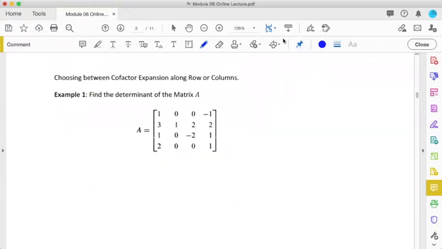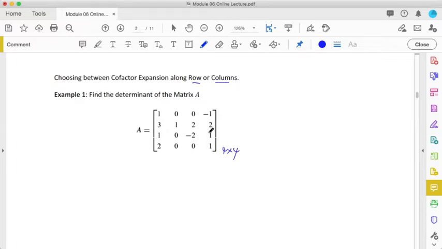So next we move to another example. In this example, we need to find the determinant of a matrix A, where we have a slightly bigger matrix, a 4 by 4 matrix. In the previous examples, we know how to find determinants by using cofactor expansion, either along a row or a column.